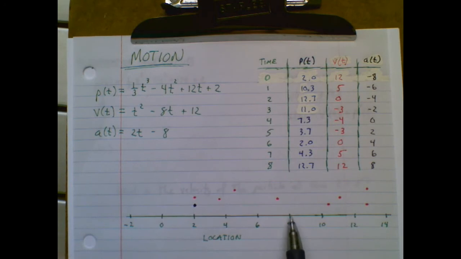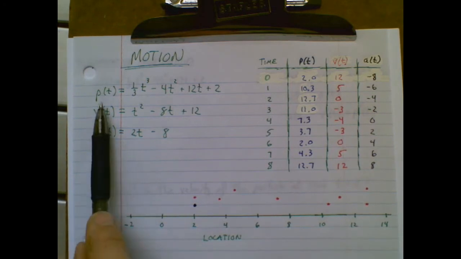So for example, right here, this particle would be at a location of 8 meters to the right of the origin. So if that was confusing to you, it won't be when we go through this.